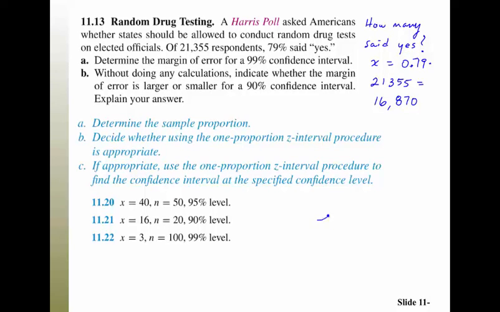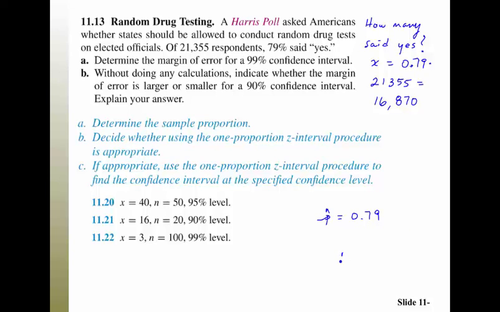We've got a p hat of 0.79, and that becomes our point estimate for the confidence interval. This is the best we know that the proportion is truly 0.79. It's a big sample, but it's still a sample.